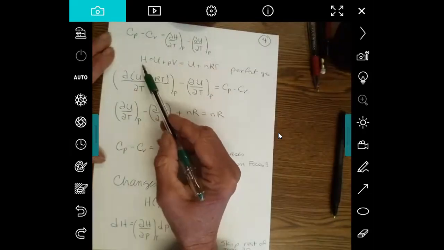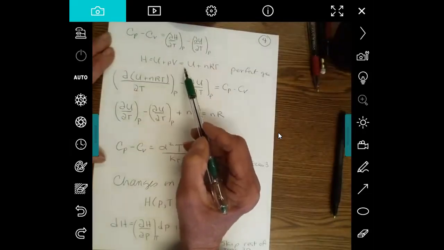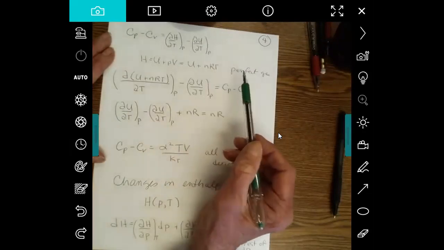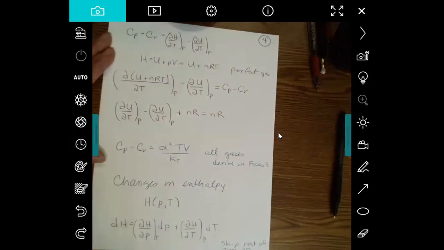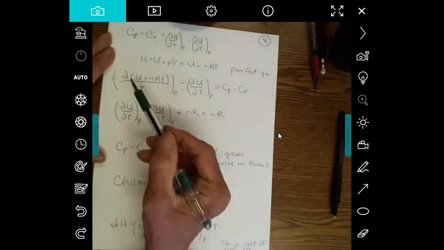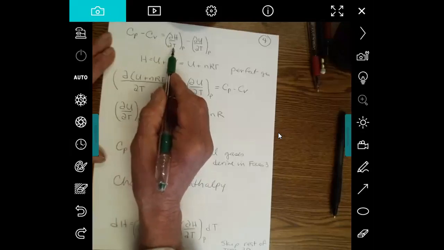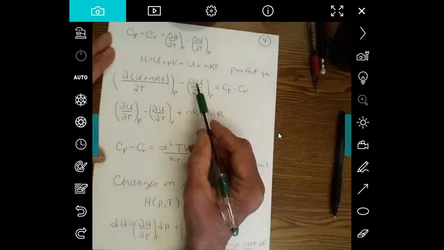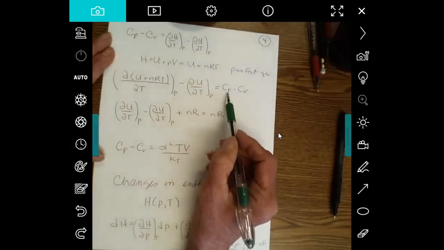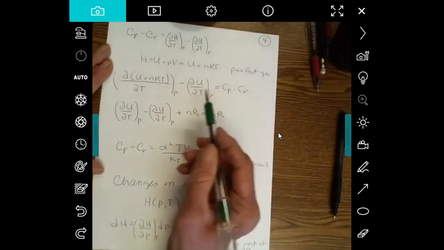For a perfect gas, H equals U plus PV equals U plus nRT, because nRT is equal to PV for a perfect gas. So if I put H in on the right-hand side when I'm taking the derivative, and here it's internal energy, that's going to be C_p minus C_V.